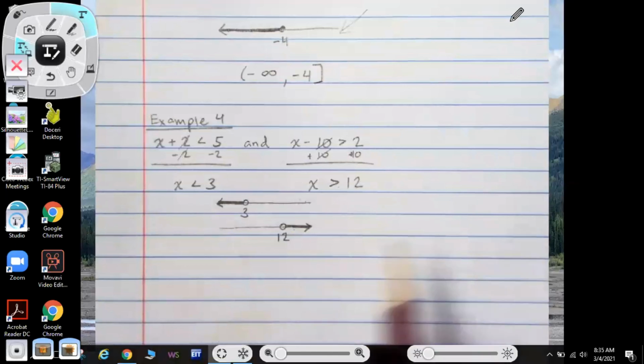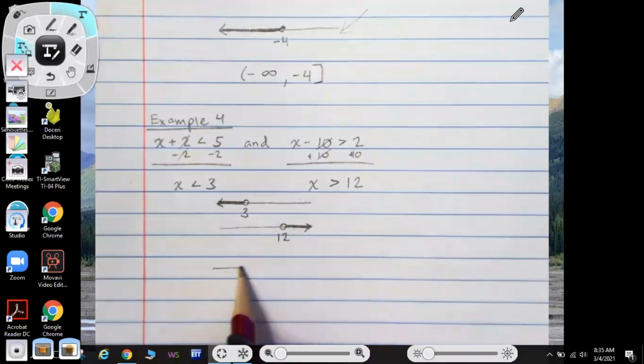So if we were to draw our solution and graph it on a number line, we can't do anything. You can't even really plot any numbers. So our solution is an empty number line.